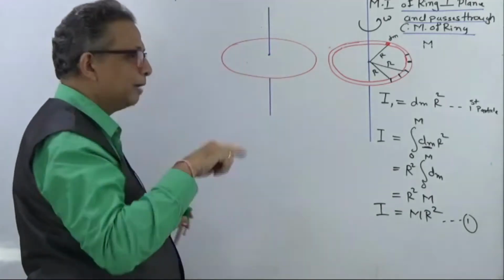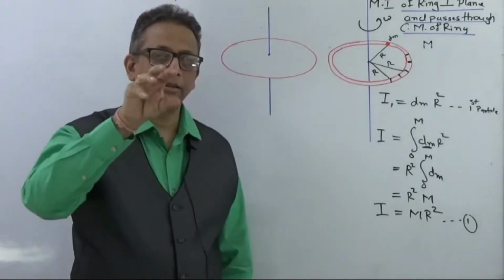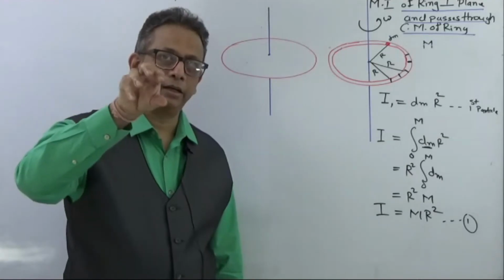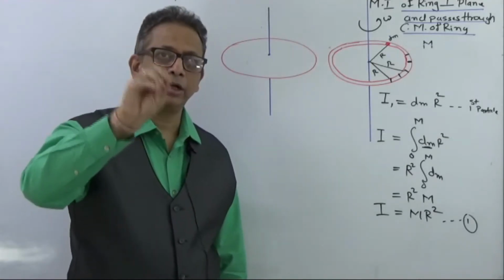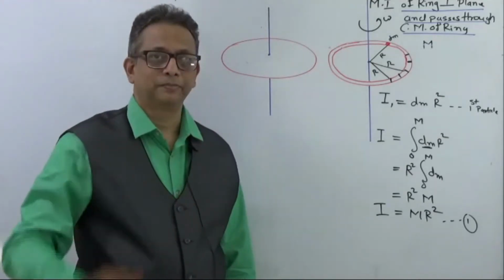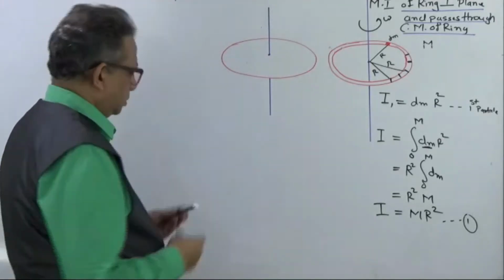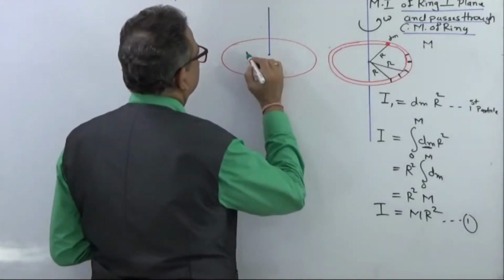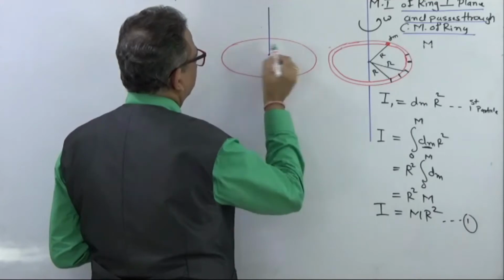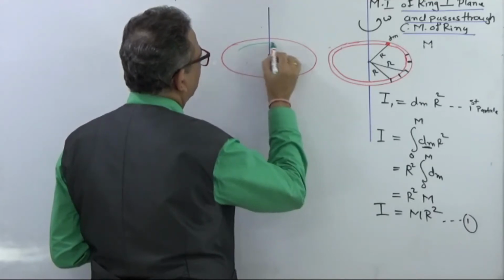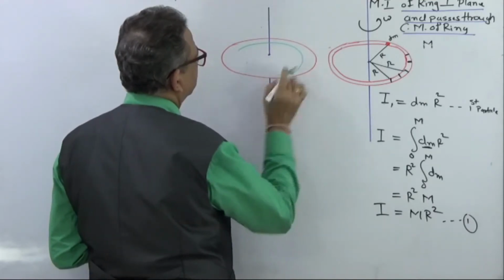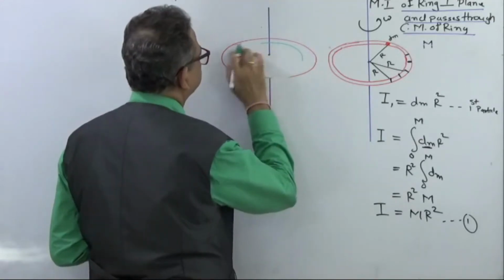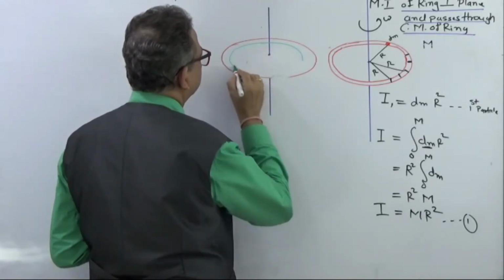If I have one ring inside another ring inside that ring with reducing radius, ultimately what I will get is a disk. Okay, so let me take one small ring in this disk. Let us take one ring.